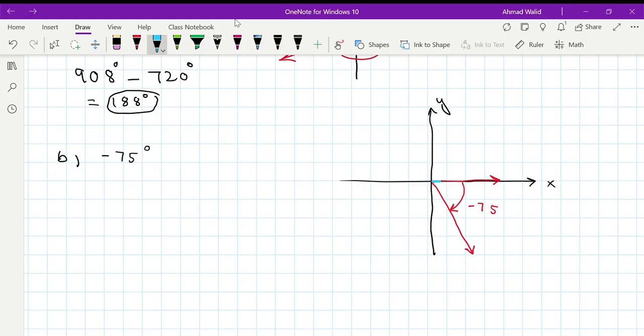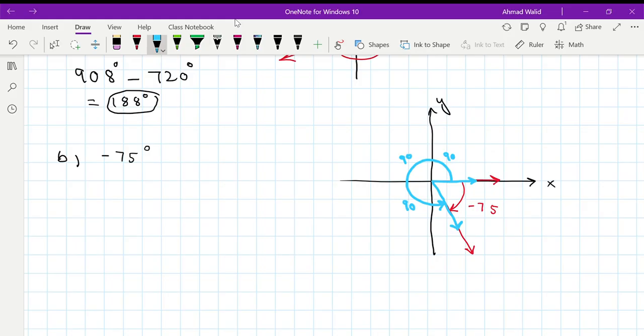Now you have to find at least or least positive angle, which is coterminal to negative 75. Draw your initial side, which is this. Go counterclockwise. Come back to terminal side of this angle. Wherever the terminal side is, stop there and count. How much is that? Draw your terminal side. 90 plus 90 plus 90 gives you 270.